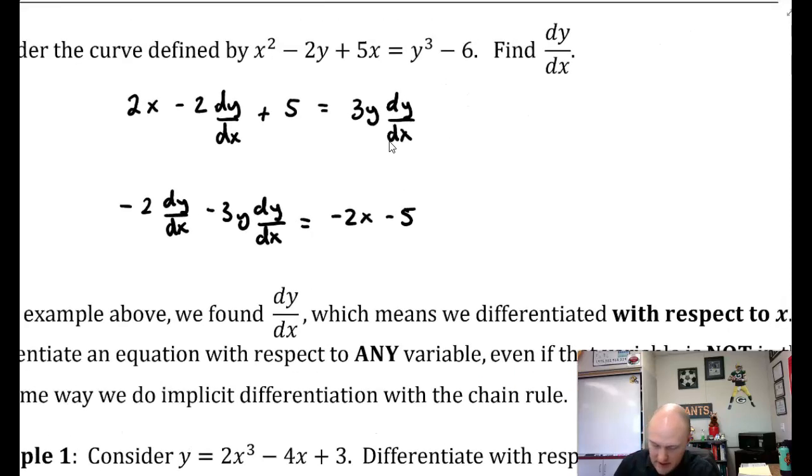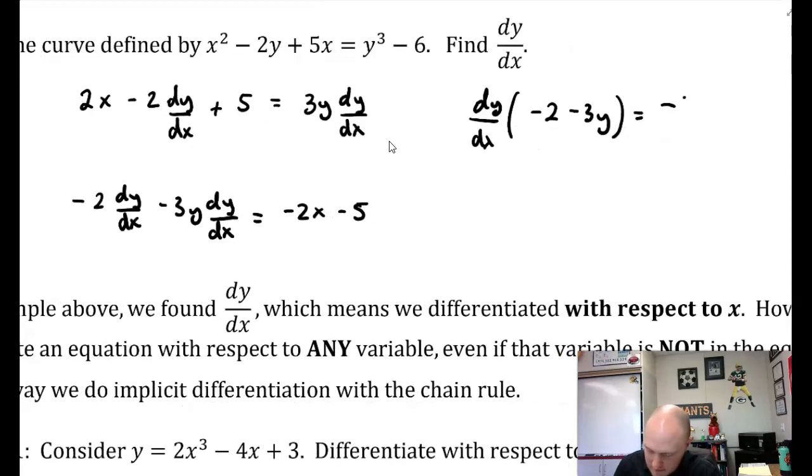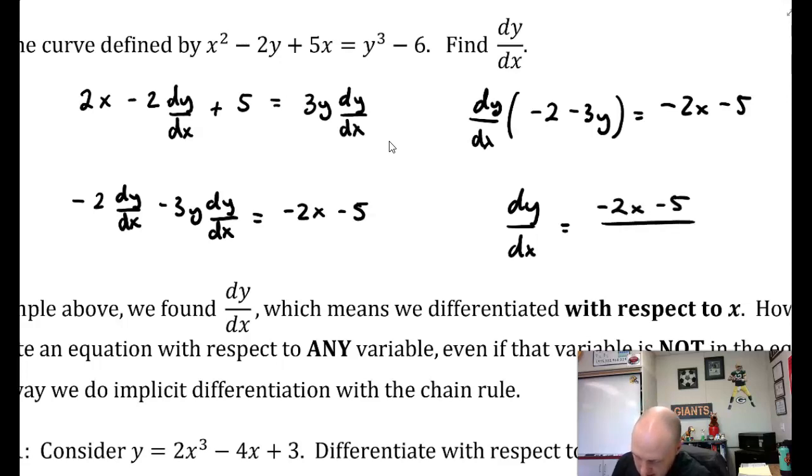At this point we'll factor out our dy dx, giving us negative 2 minus 3y squared is equal to negative 2x minus 5. And then I can divide each side by negative 2 minus 3y squared. So we get negative 2x minus 5 over negative 3y squared minus 2. And I just shuffled those.